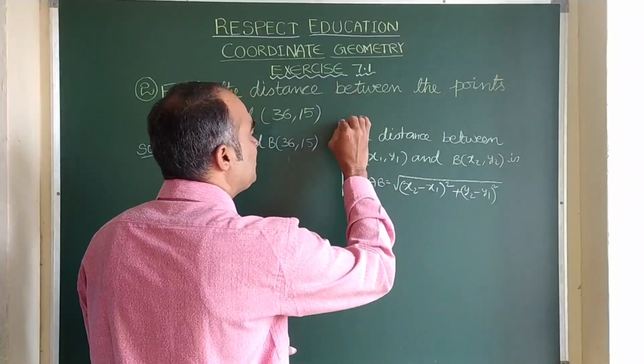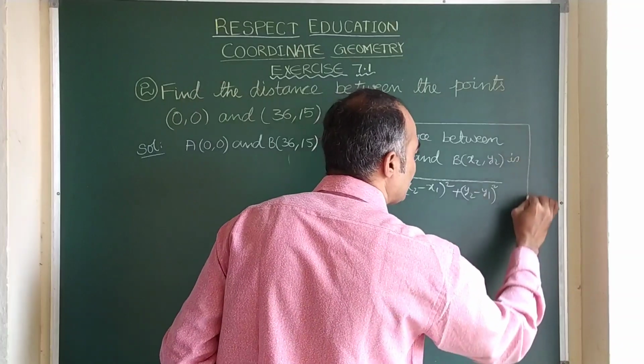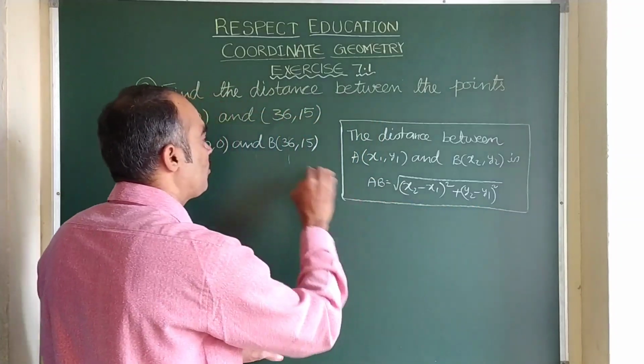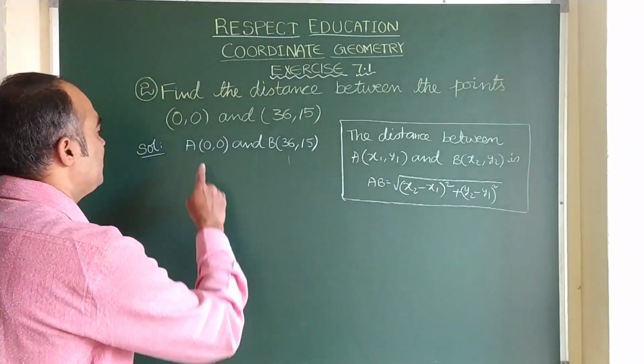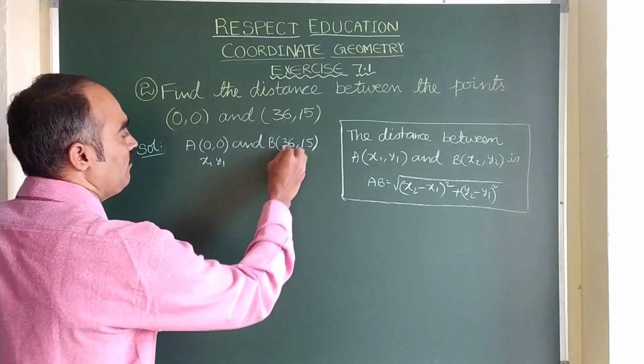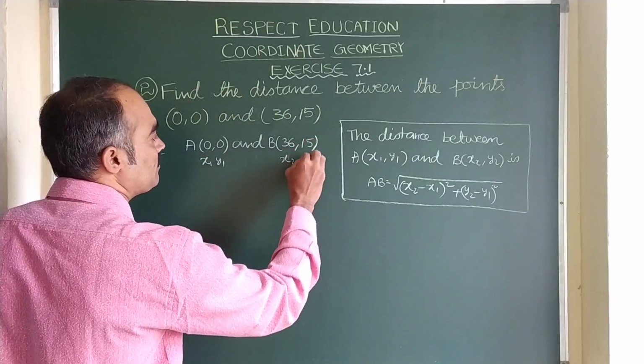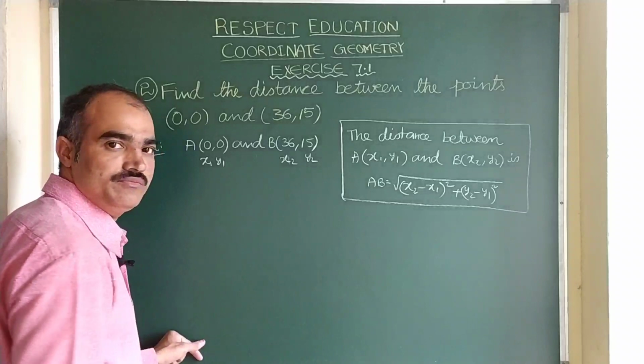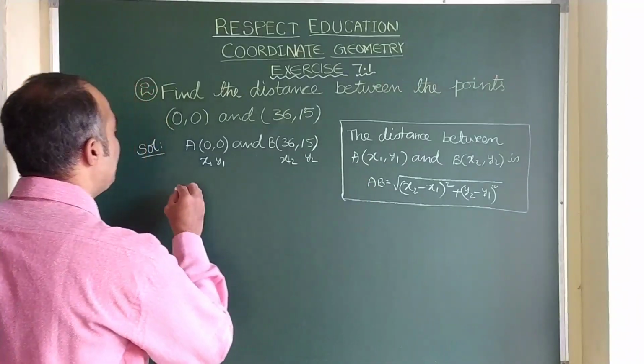So let us use this formula for solving this problem. So here 0, 0 becomes x1, y1, 36 becomes x2 and 15 becomes y2. So let us substitute here.